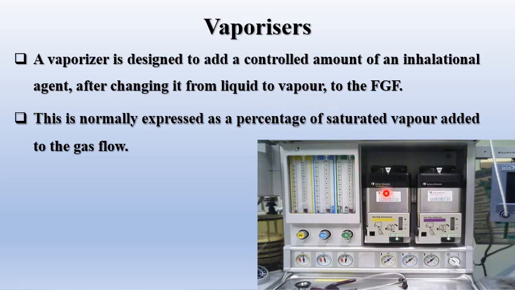The function of this is to change the anesthetic, which is liquid, to a vapor, so it is called a vaporizer, and add it to the fresh gas flow coming from the flow meter in this way. This is normally expressed as a percentage of saturated vapor added to the gas flow. You can see graduations on the top of the vaporizers: 1, 2, 3%, and so on.